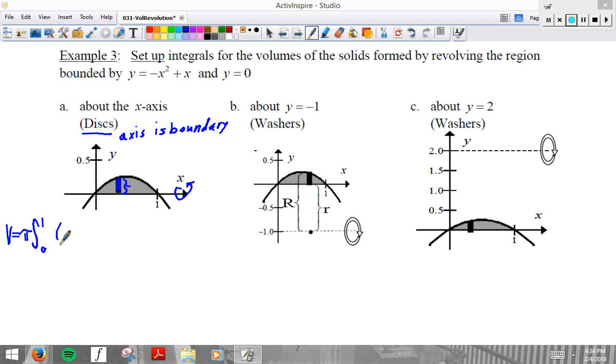And the top curve looks to be negative x squared plus x. The bottom curve looks to be 0, and we'll square it all, because that's the radius. Just to be clear again, this is part, that's what I'm squaring, dx. That's it.